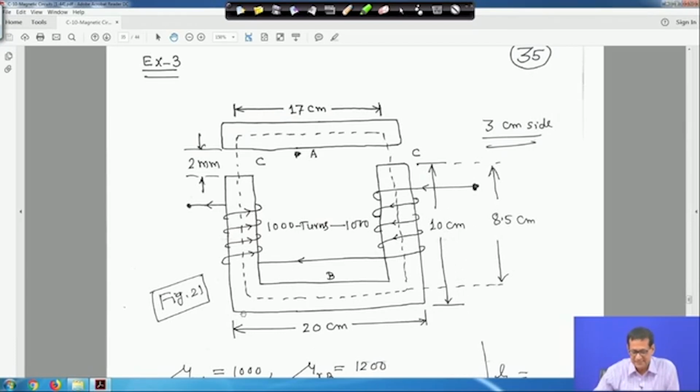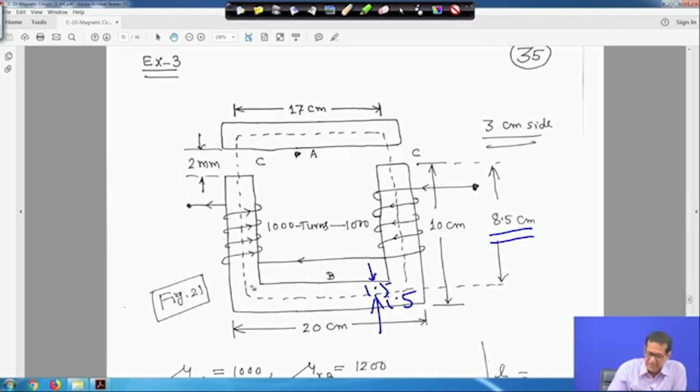So, this is from here to here 20 centimeter, and this is the 3 centimeter side. If it is a 3 centimeter side, that means this portion is 1.5 and this is also 1.5. So 10 minus 1.5 is 8.5, this is the mid length, that is the height.